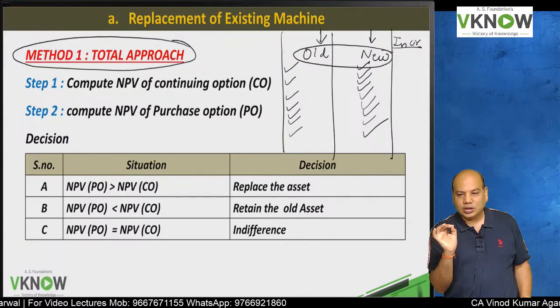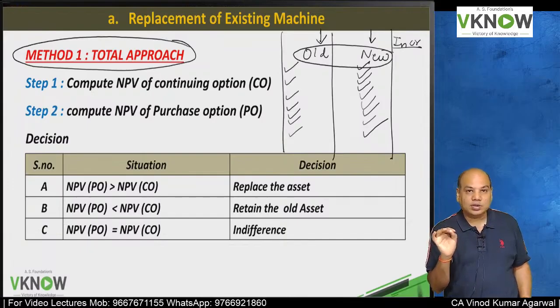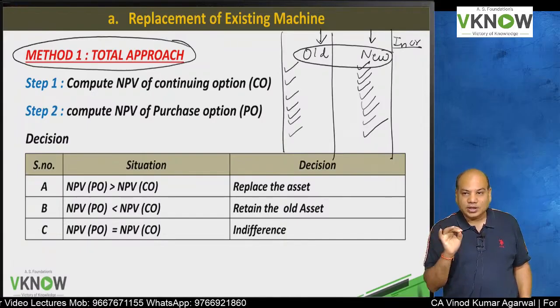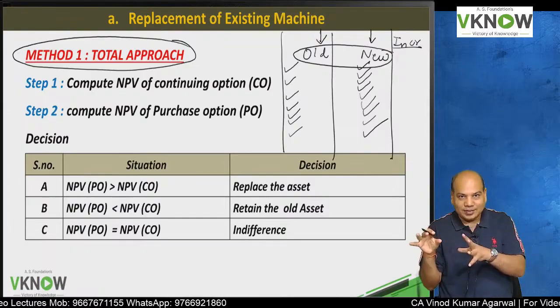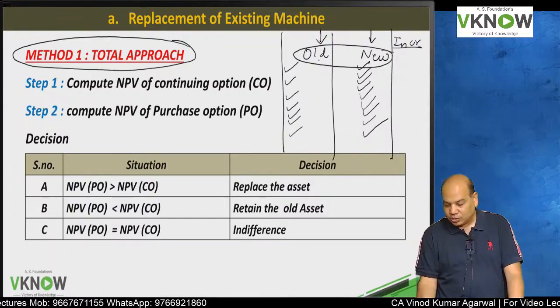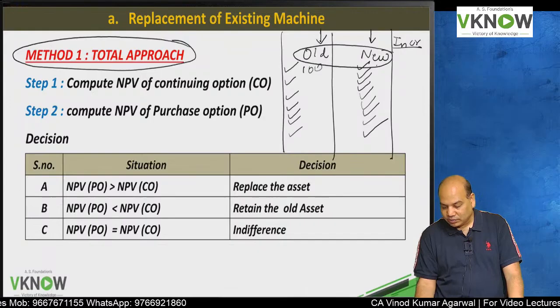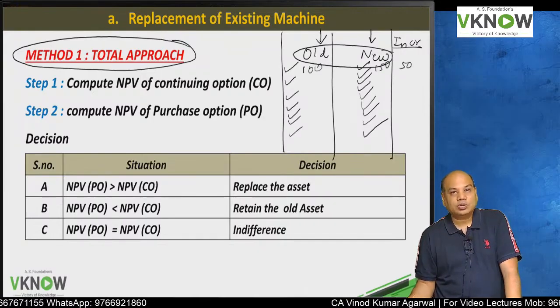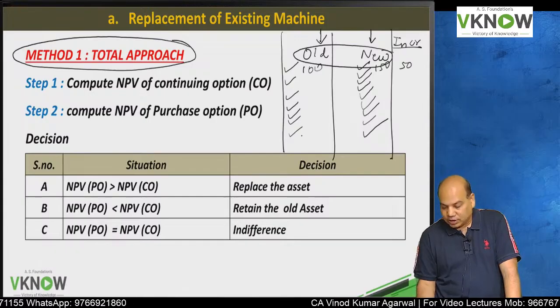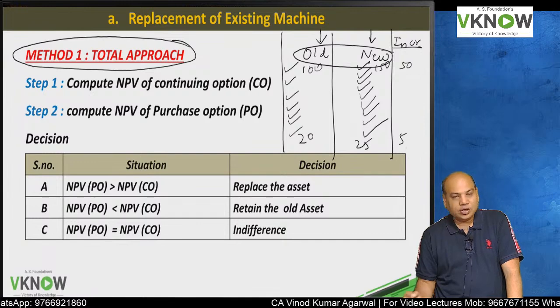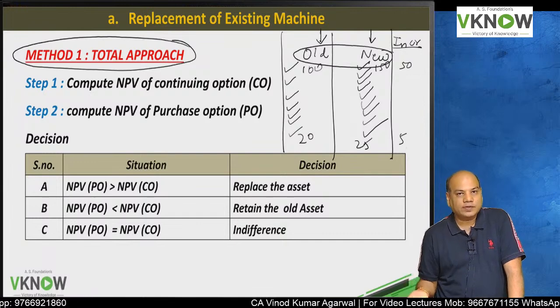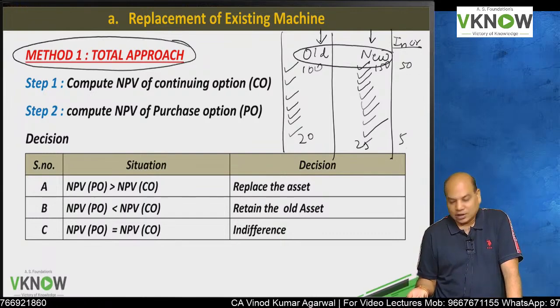Theoretically speaking, the answer will be the same under both approaches, total and incremental. Because in the total approach I am writing, suppose, 100 here and 150 here, in the incremental approach I am going to write 50. If I write salvage value 20,000 here and 25,000 here, in the incremental approach I am going to write 5,000 incremental salvage value.